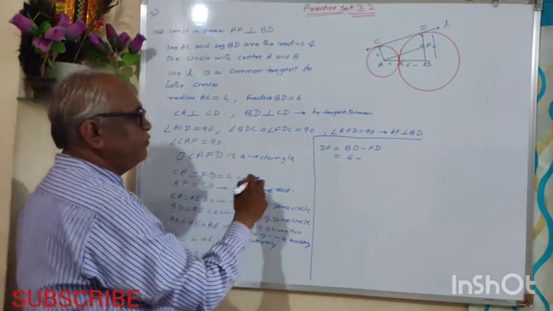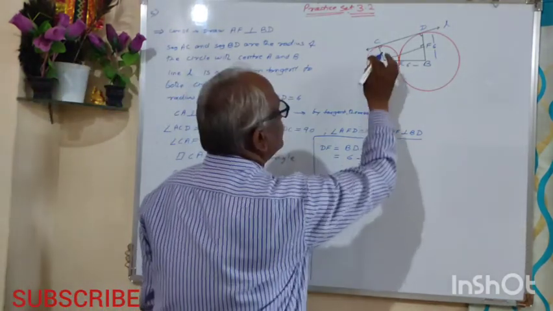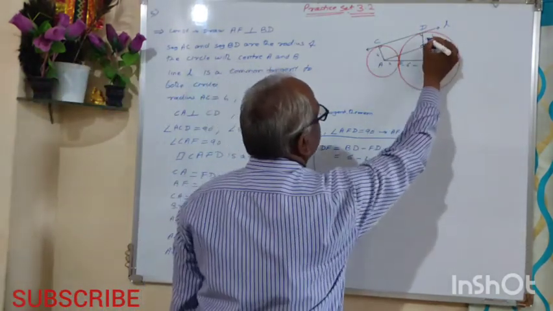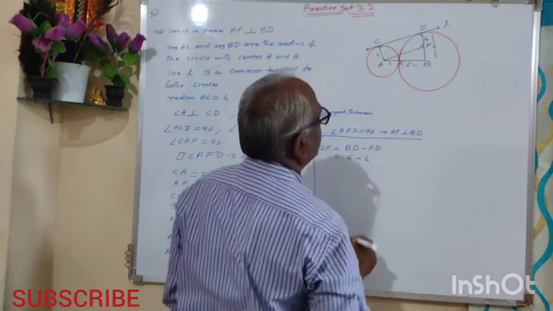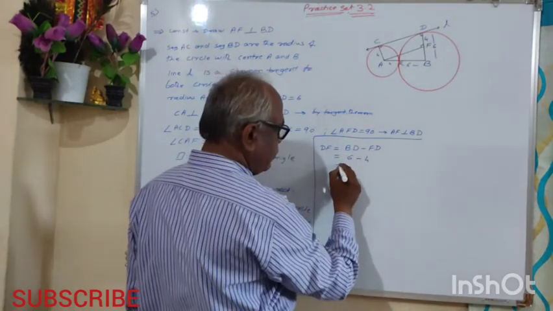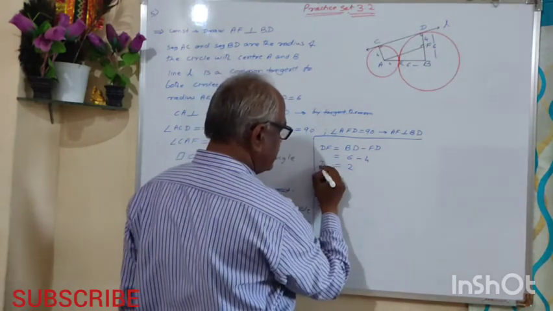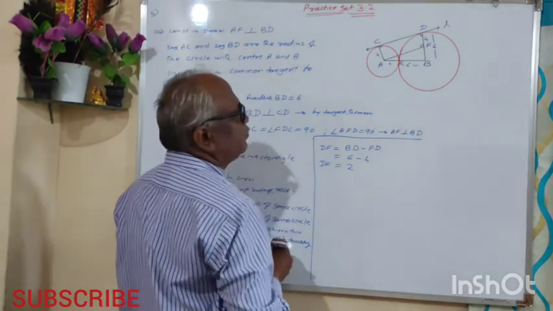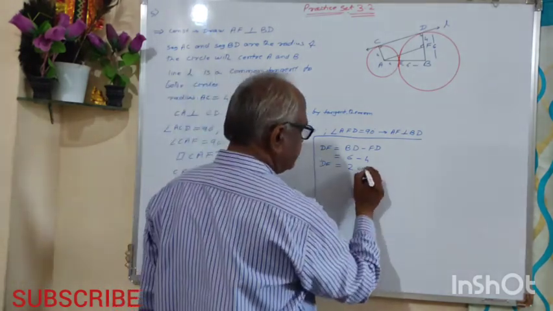FD is 4, that is opposite sides of a rectangle. 6 minus 4, that is 2. DF is equal to 2 centimeter.